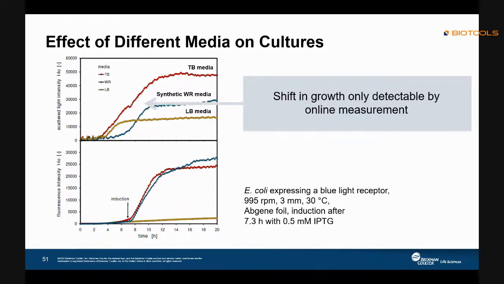And you can see that there is a shift in growth here. This is very important because this can only be seen by this kind of real-time data, because normally you will not monitor the data every moment, but our online monitoring can help you to see any changes, any shifts during different times.